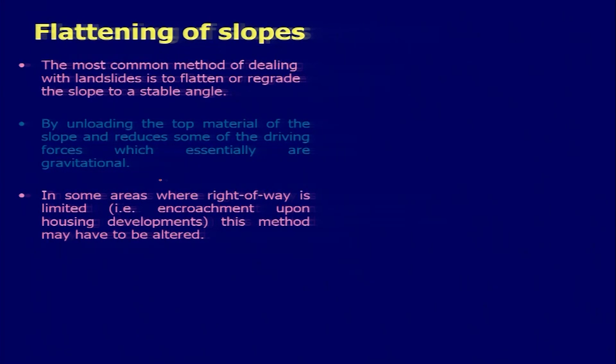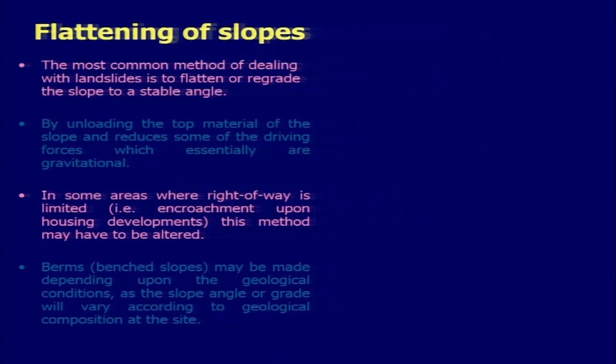So when we talk about terrace-type farming, you are unloading the material as well as reducing the slope. In some areas where right of way is limited, that is, encroachment upon housing development, this method may have to be altered.